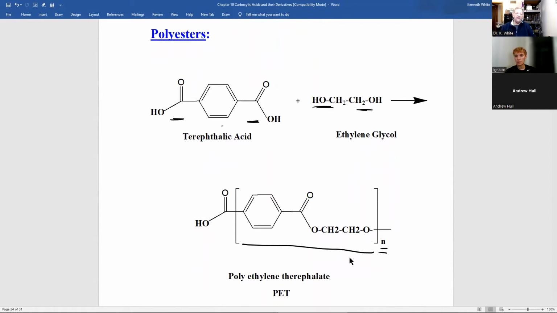And in this type of reaction, to make polyesters, that can be up to 1,000,000. So these are really long molecules, polymers. And it's a polyester because the repeating unit, you have this. And this is an ester.